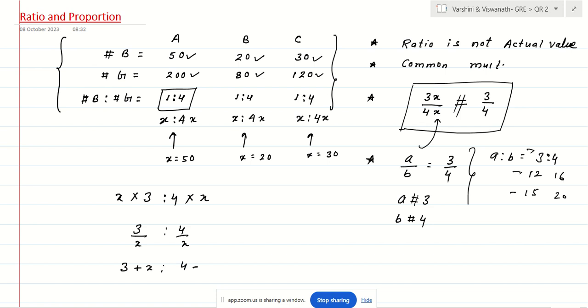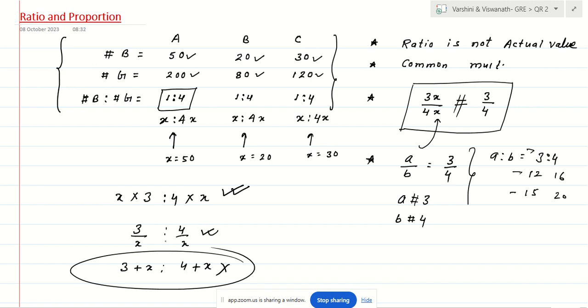Correct, I cannot add. This is wrong. This is also right in terms of ratio. The ratio remains the same, but I cannot add or subtract in the ratio. If I add or subtract to the ratio, it is meaningless. I cannot add to or subtract from any ratio.